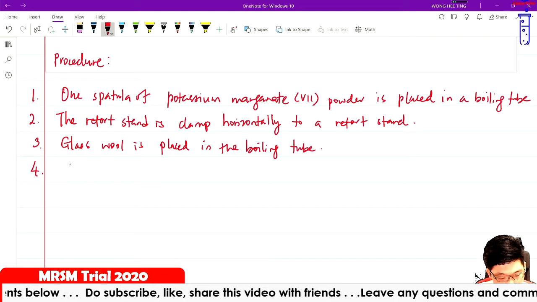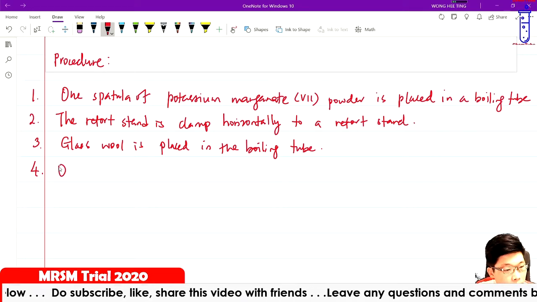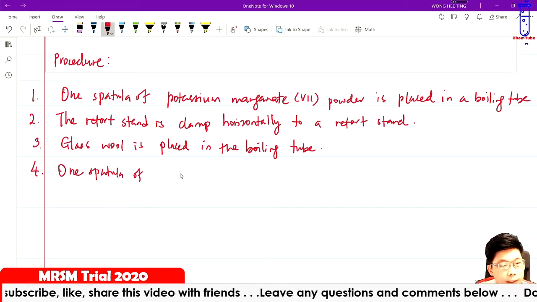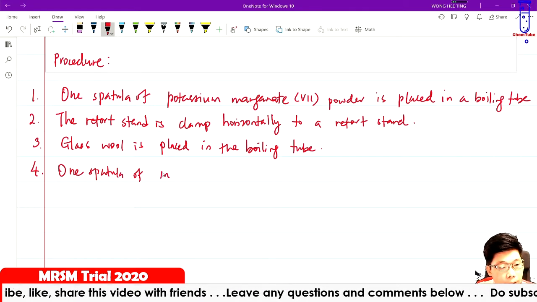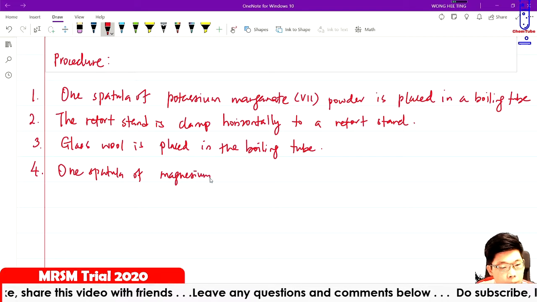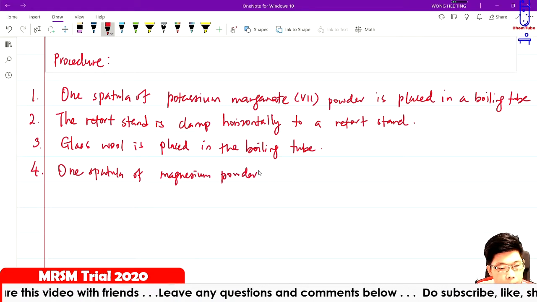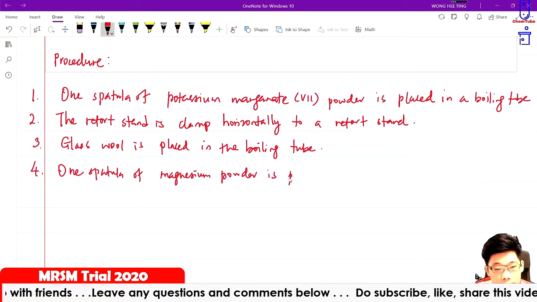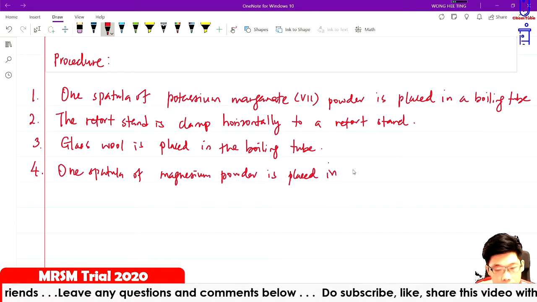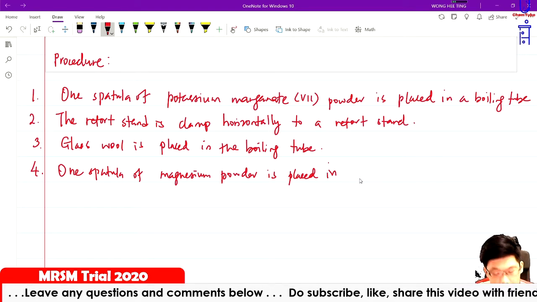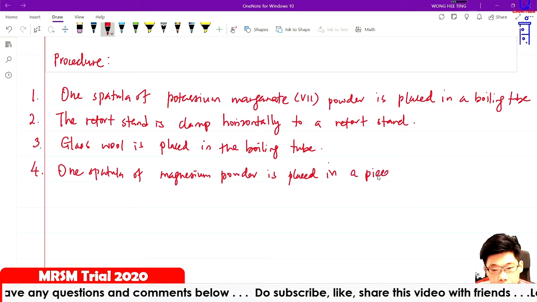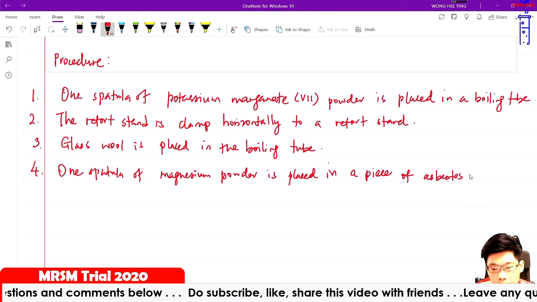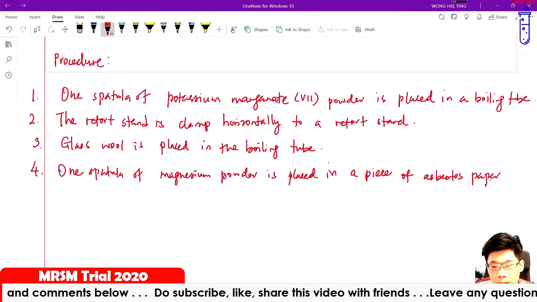After that, one spatula of, let's say now we start with the magnesium powder, is placed.